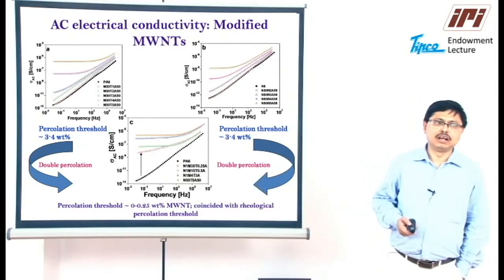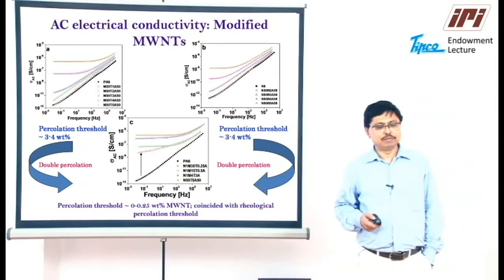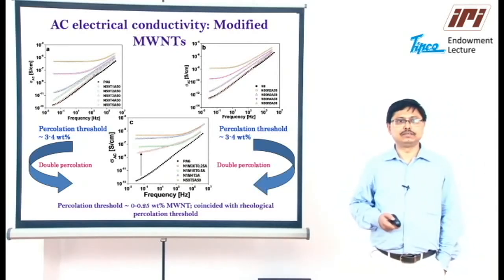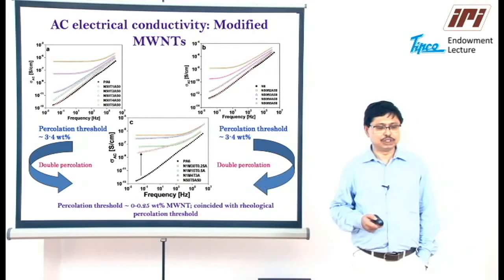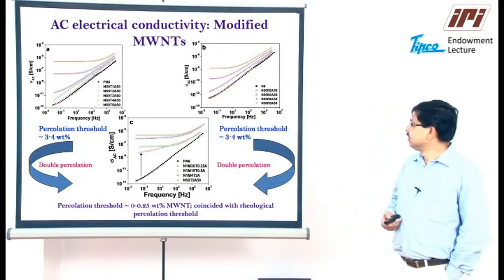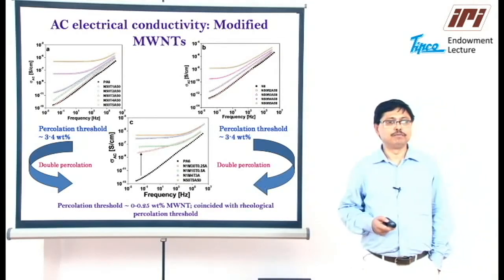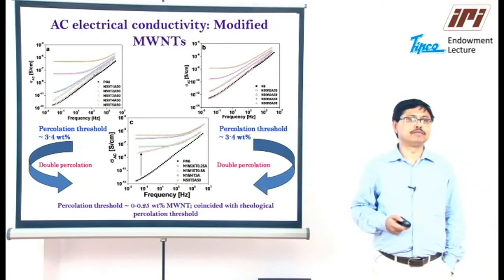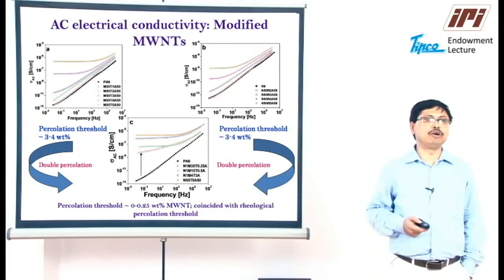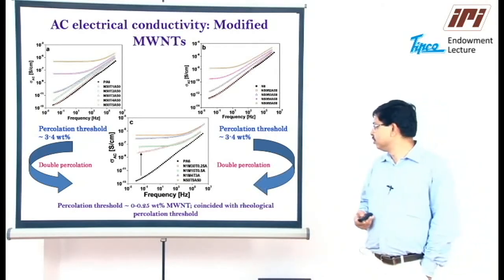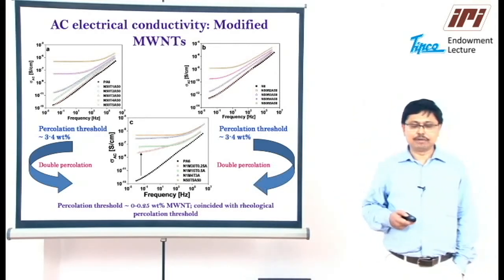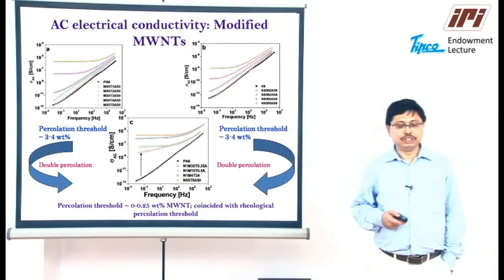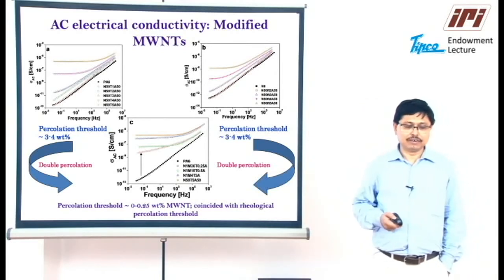In this particular composite material where NaHA modified multi-wall carbon nanotubes have been used, we also measured the AC electrical conductivity, and it is observed that even at 0.25 weight% of multi-wall carbon nanotubes modified with NaHA at a 1:15 ratio, an electrical percolation threshold is observed, which coincides with the rheological percolation threshold.